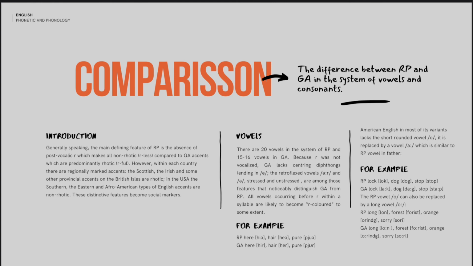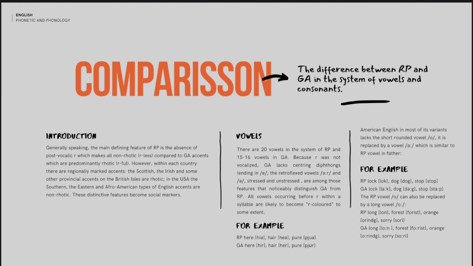However, within each country there are regionally marked accents. The Scottish, the Irish, and some other provincial accents on the British Isles are rhotic. In the USA, the Southern, the Eastern, and the Afro-American types of English accents are non-rhotic. These distinctive features become social markers.